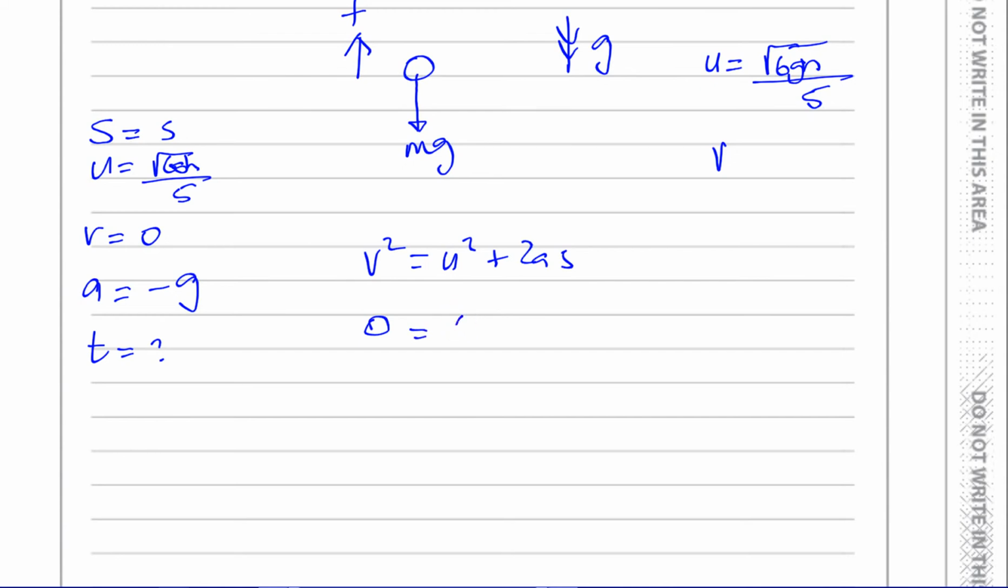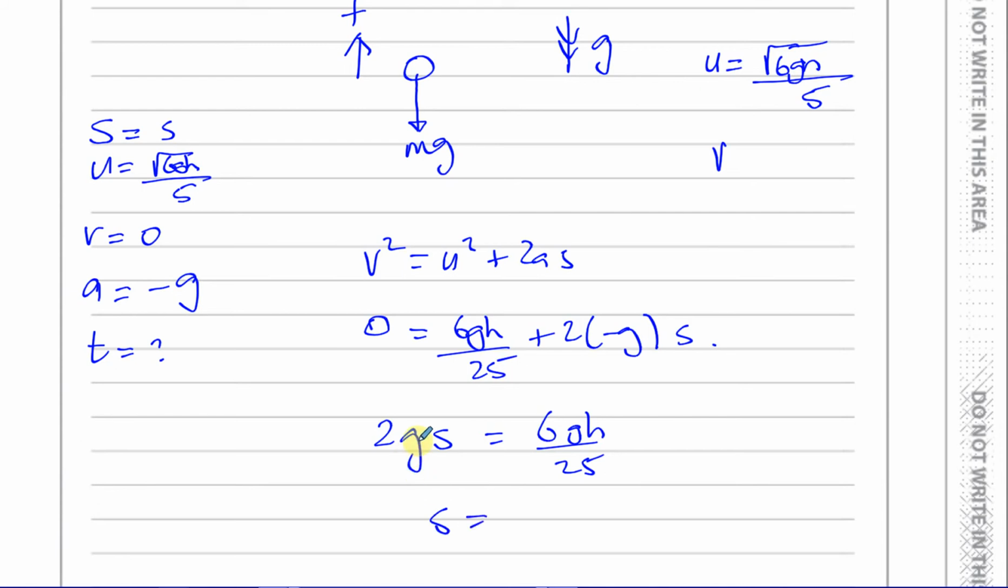So you end up with 2gs equals 6gh over 25. The g's cancel, so s will be 3h over 25.